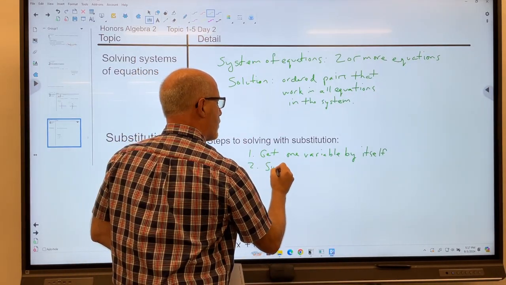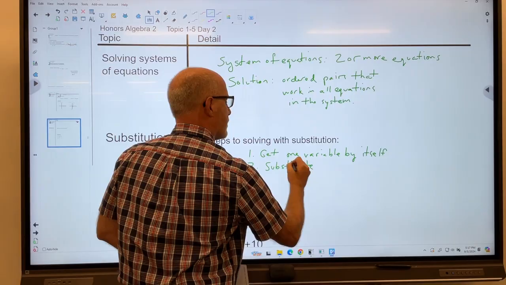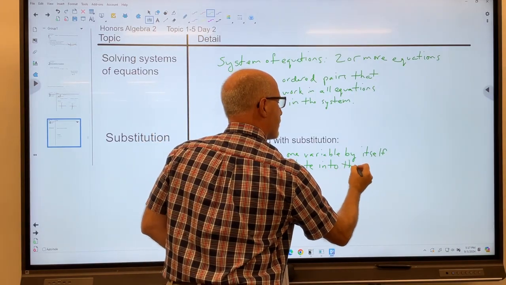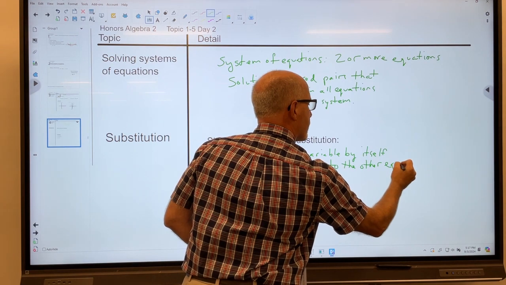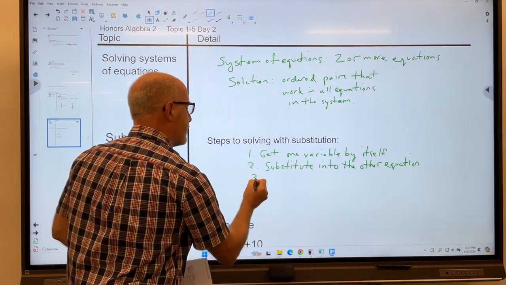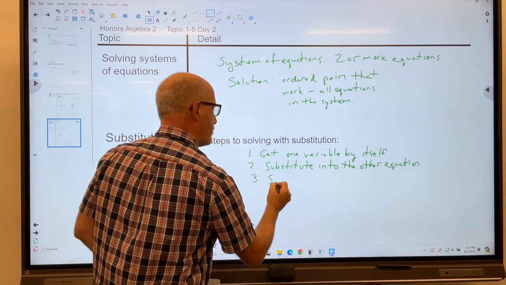Then substitute into the other equation. And then the third step is you want to solve and then repeat the process.